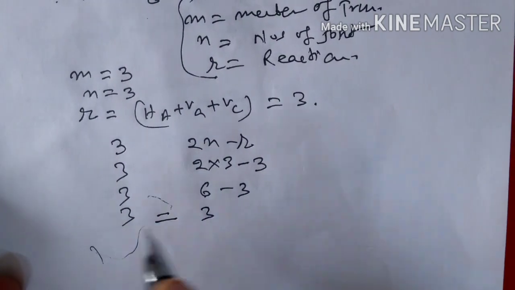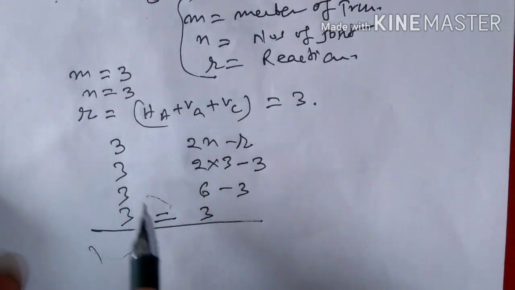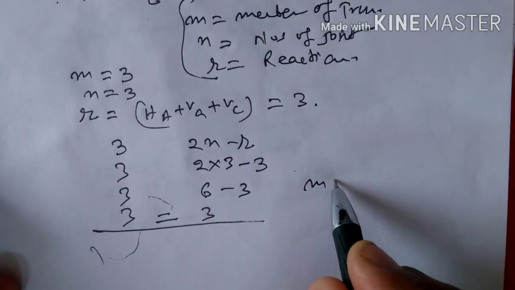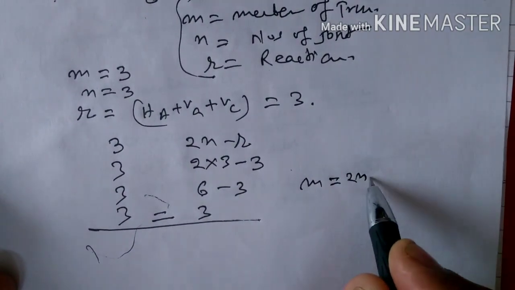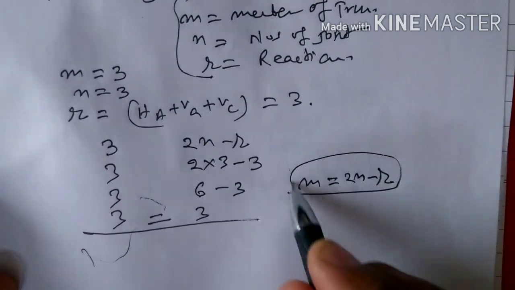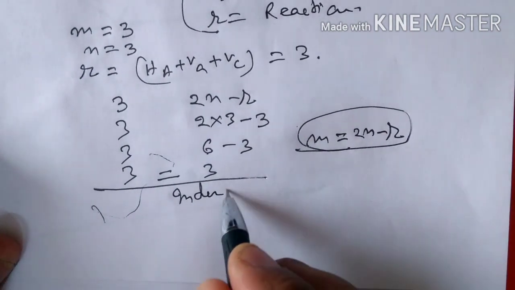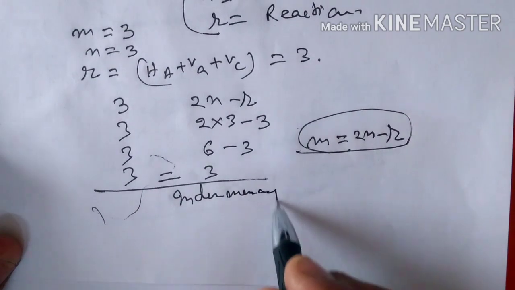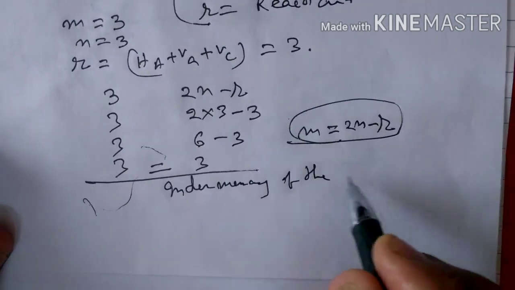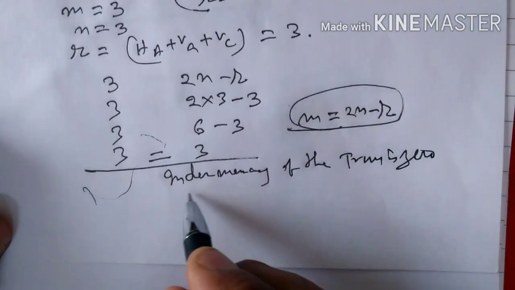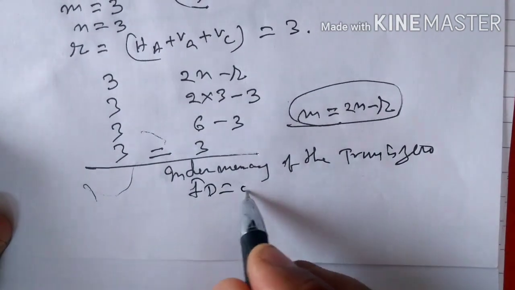It is equal to, that is, M equal to 2N minus R. So here the indeterminacy of the truss is 0. So ID equal to 0.